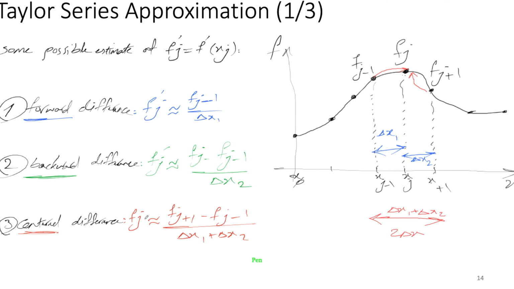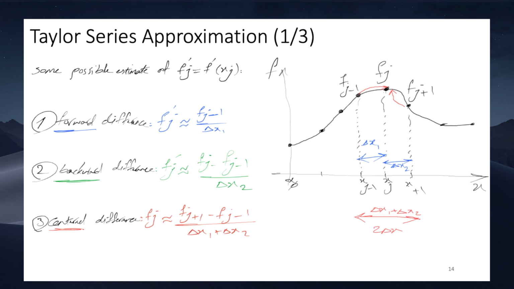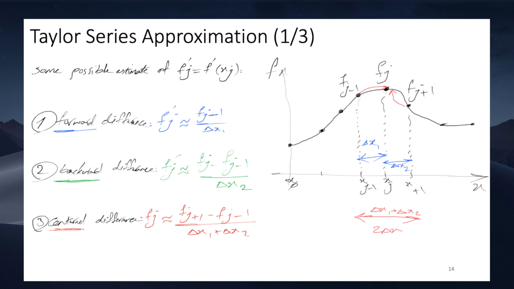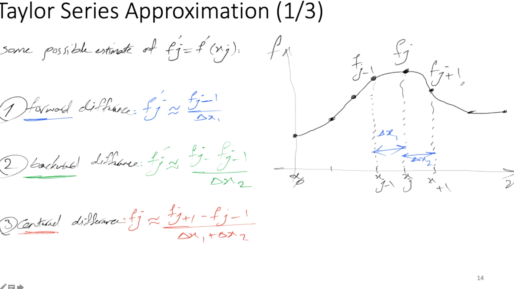And that would be this one minus this, divided by the distance. Let me make sure the formula is correct. This was actually prime. I'll fix it in the slides when I upload them later. So make sure this one has the dash there.